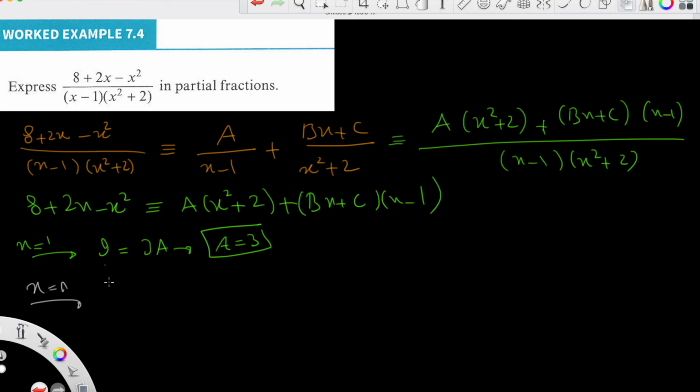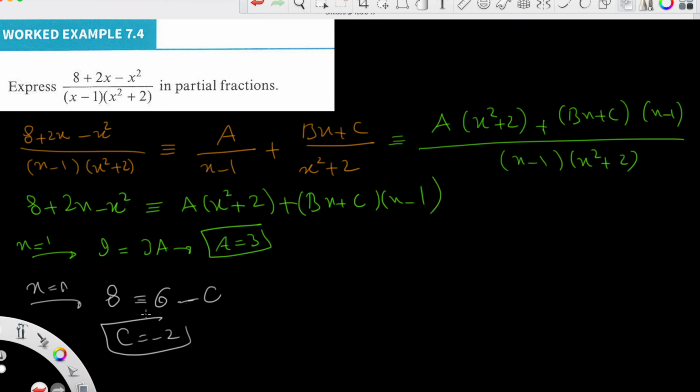So on the left hand side we will have 8, then it will be 2a, a is 3, so it will be 6, plus, then b will be eliminated, it will be minus c, then c will be negative 2. Now we have a and c.